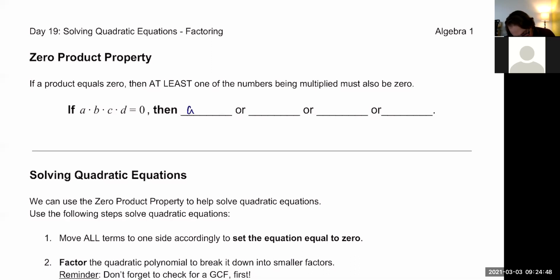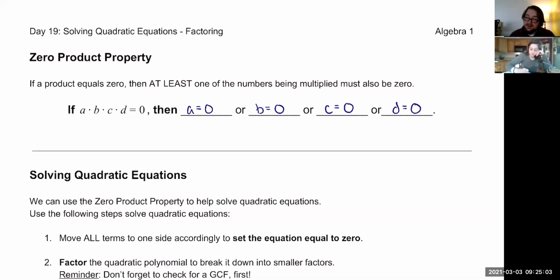Either A would have to be 0, or B would have to be 0, or C would have to be 0, or D would have to be 0. And in fact, it doesn't actually matter which one is 0. In fact, 2 of them, or 3 of them, or all of them could be 0. But what has to be true is at least one of them is 0.